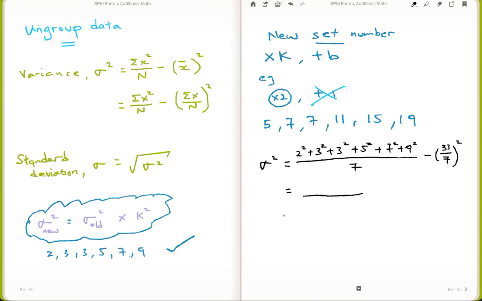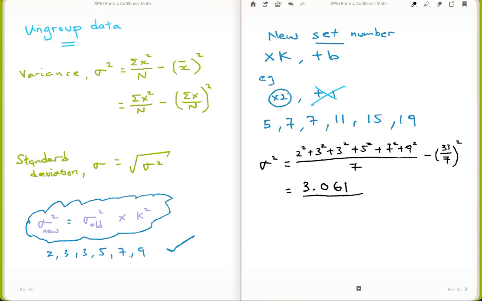So this answer would be, I hope you get this, 3.061. I hope you get this number in the scientific calculator. One line, you get the answer. Now, this eventually will be the old answer.